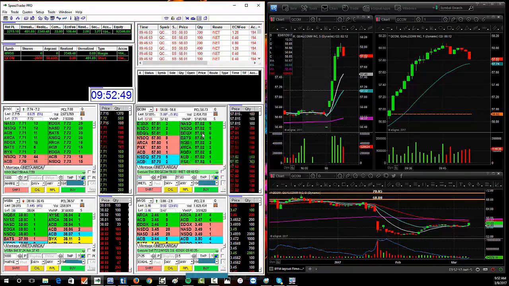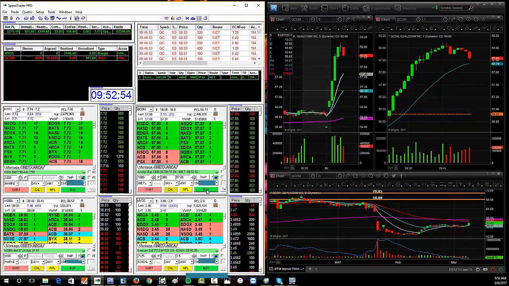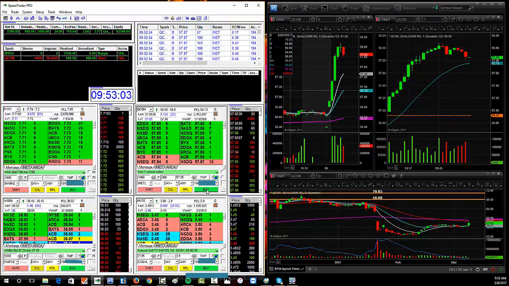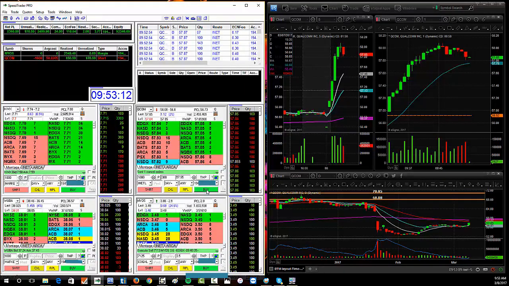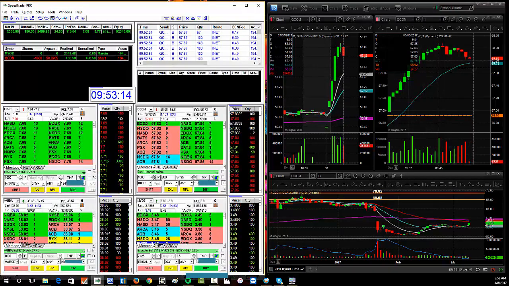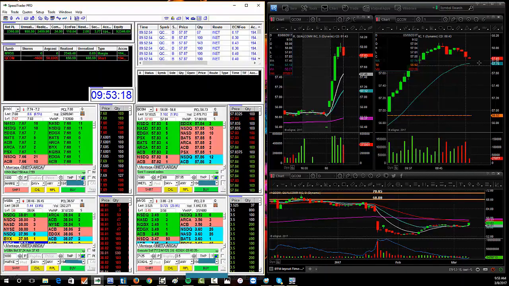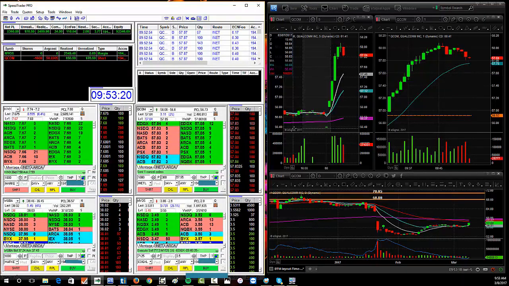There we go. All right, I covered half at 87. Stop still 95 on the rest. So now you see we're getting closer to that 20 moving average on the 1 minute chart, which right now I have at 57.75.